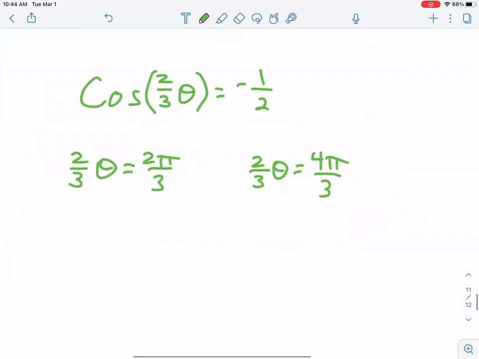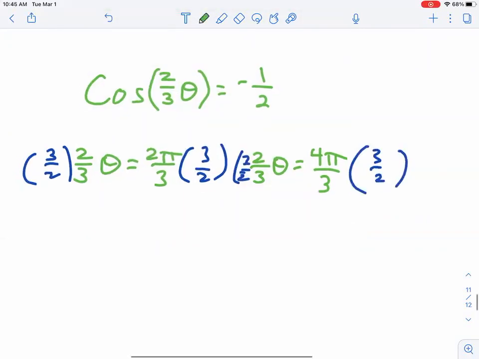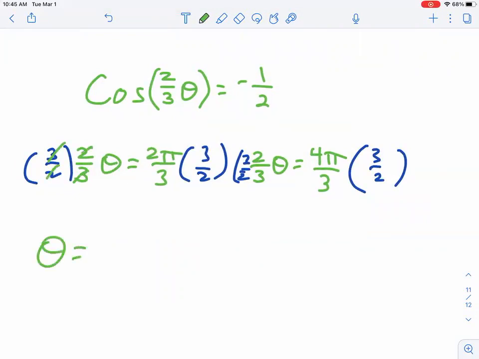Because now, to solve for theta, I can multiply by the reciprocal, right? Multiply both sides by 3/2. And I'll do that same on both of them. And so my answers, let's see, my 3's cancel, 2's cancel, I get theta equals pi on the left. And on the right, theta equals 2 pi.